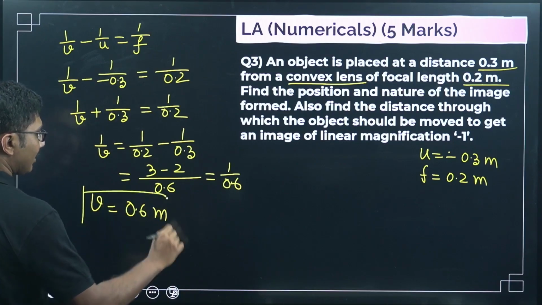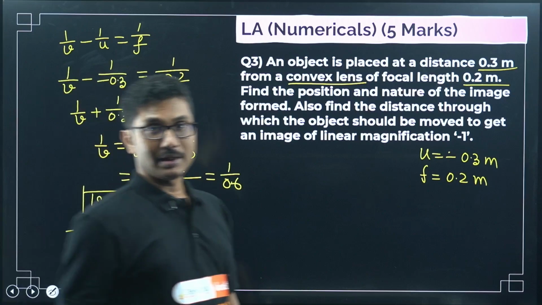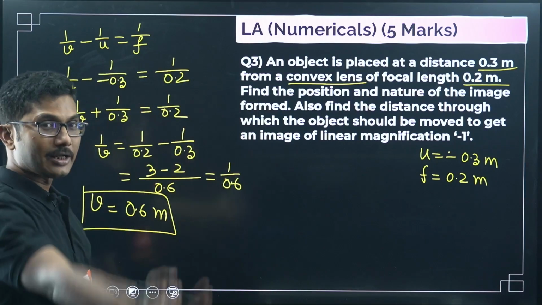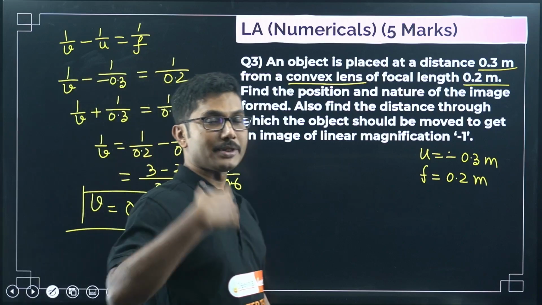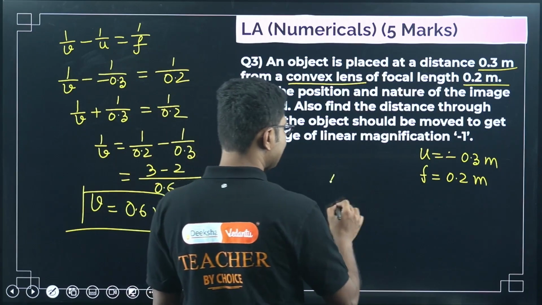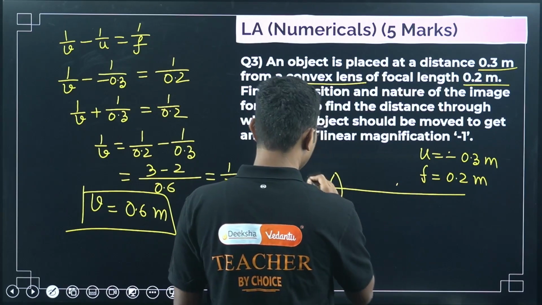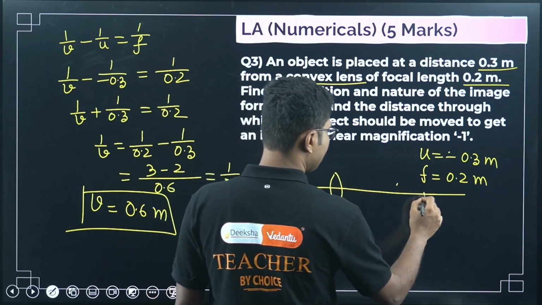So what is the sign of the image? The sign of the image is plus, that means it will be on the right hand side of the lens. Now in case of a lens, if the image is on the right hand side, then we can say that it will be a real image, right? So here is the object, my image will be on this side.